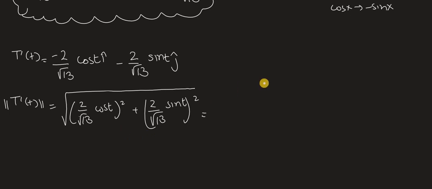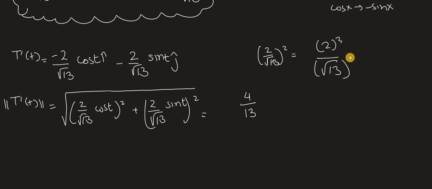Here we're left with 4 over 13. If you want to know how I got 13 from square root of 13, this is 2 over square root of 13, right? So this is the same as 2 squared over square root of 13 squared, and the square root and square cancel out, leaving us with only 13, so that's why it's 4 over 13. I hope that makes sense.